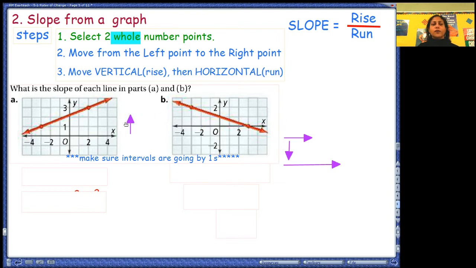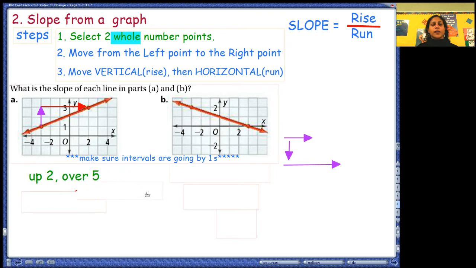So it turns out I have to go up 2 units and then go over. I'm going to go over 1, 2, 3, 4, 5 units.